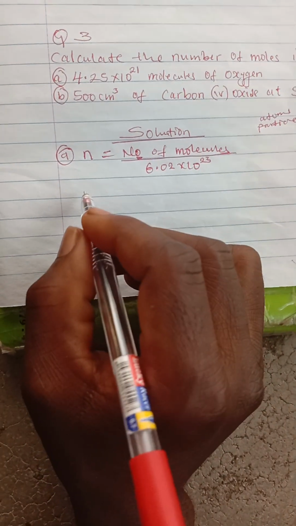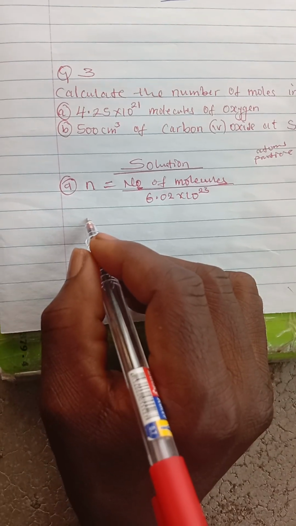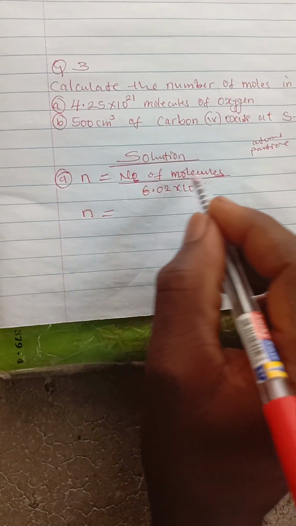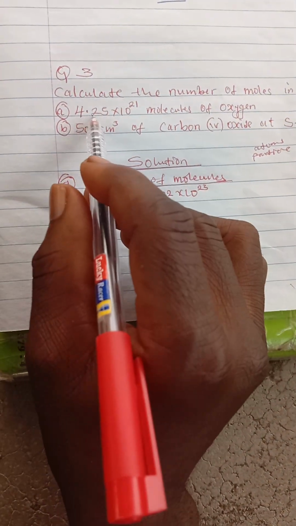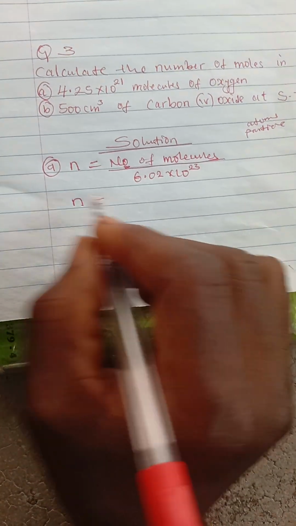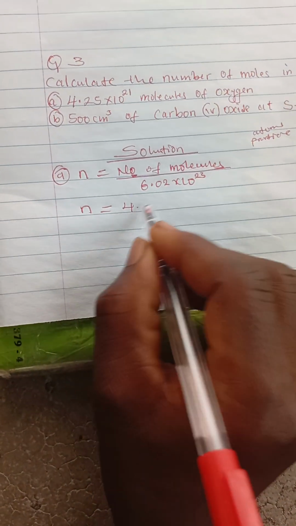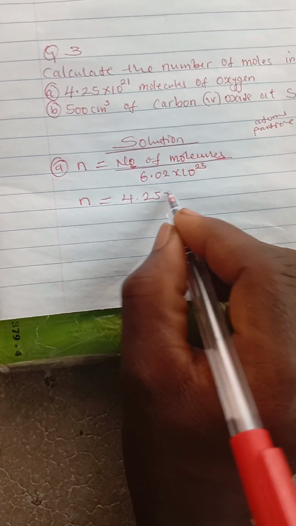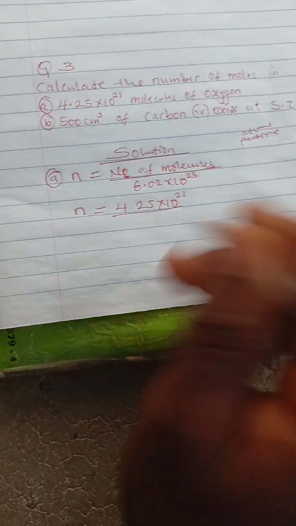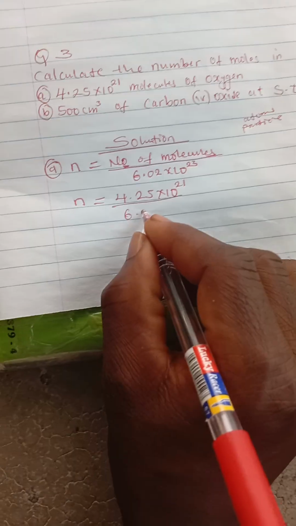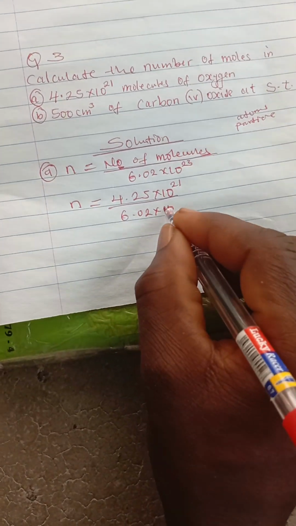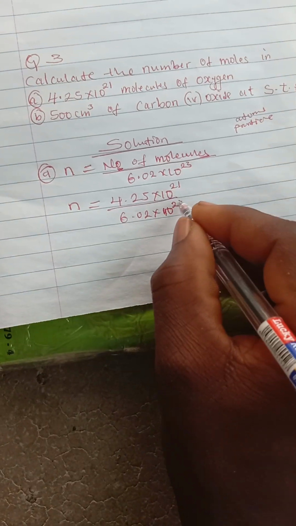Now at this point, our number of moles will be equal to, you see, the number of particles has been given to us. They say that 4.25 times 10 raised to the power of 21 is the number of particles of oxygen. So it will be 4.25 times 10 raised to the power of 21 all over Avogadro's constant, which is 6.02 times 10 raised to the power of 23.